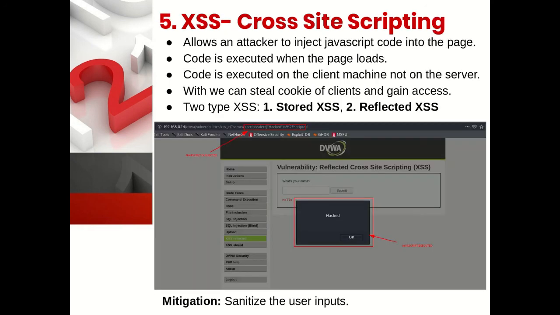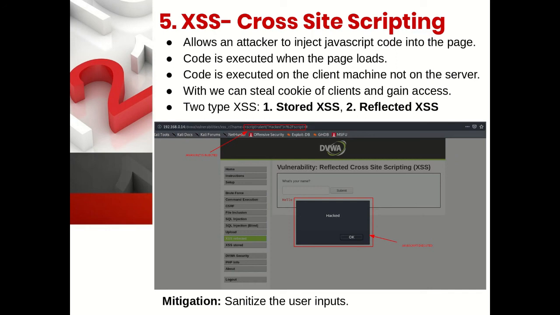And the last vulnerability is the XSS vulnerability. XSS is cross-site scripting. This vulnerability allows hackers to inject JavaScript into the page. JavaScript can do many tasks on the client side, but not on the server side. This JavaScript is executed on the client side whenever the page loads.